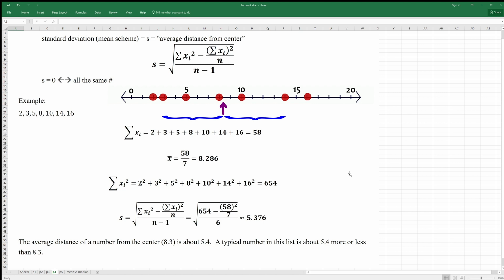Another way that you can lose the sign on something is to square it. And this is the typical version of the standard deviation formula that you'll find in most books. I'm just going to say it out loud because we're not going to do it that way. What most books will tell you to do is subtract the mean from each number, square what you get, add them up, divide by n minus 1, and take the square root.